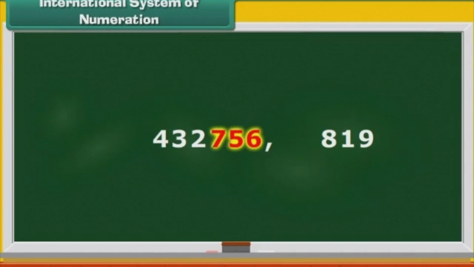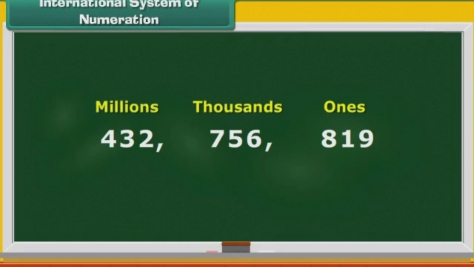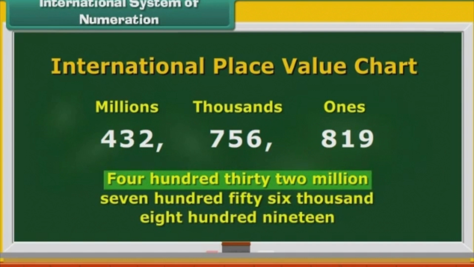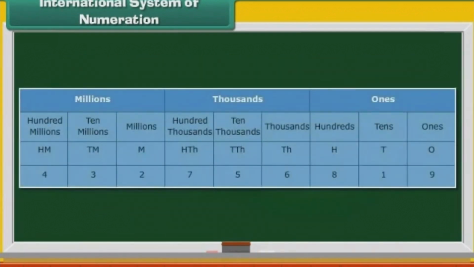Then we count three more digits and place a comma before 7. Thus, we have three groups: ones, thousands, and millions. This is the International Place Value Chart. Now, let us read the number from left. It is 432,756,819.